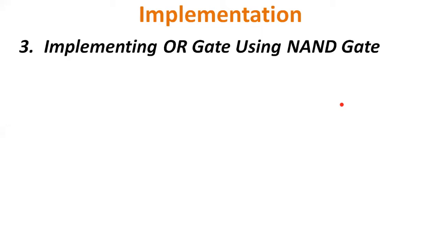But I'm asking about the output expression of the OR gate. Suppose Q is the output of the OR gate and A and B are the inputs, how will you write it? A plus B. You're right, that's what I want.